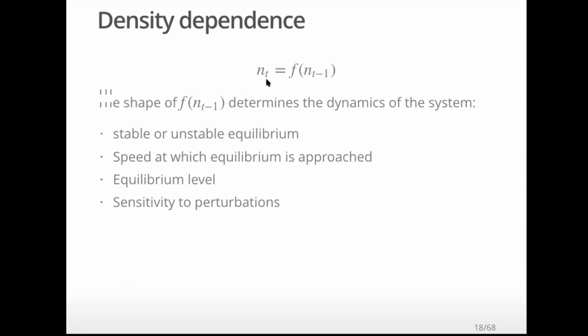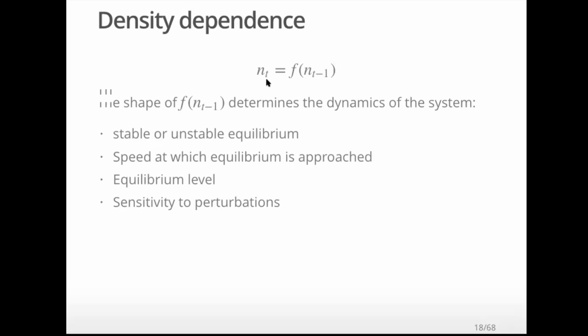The shape of that function will determine things like whether or not it has a stable or an unstable equilibrium. So as the population goes to some level, does it tend to be attracted to that level and want to stay around there? Or if it's on the equilibrium, does it tend to just sort of race off and go someplace else? The shape of that will determine how fast you tend to approach an equilibrium, what that equilibrium level is, and how this population responds to perturbations.